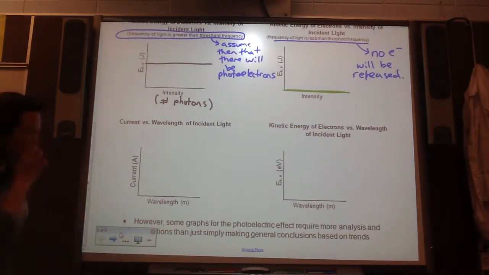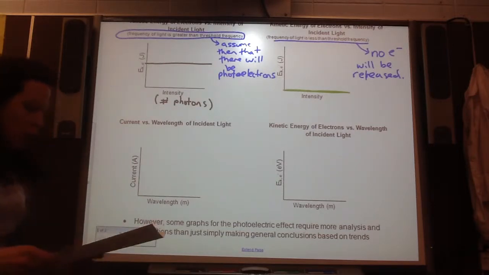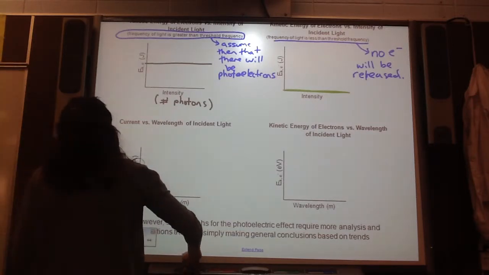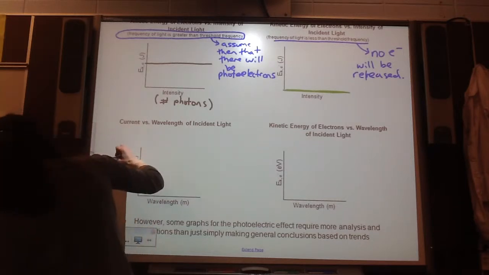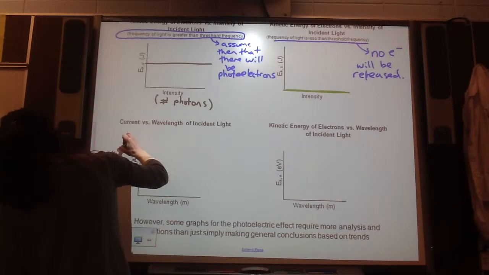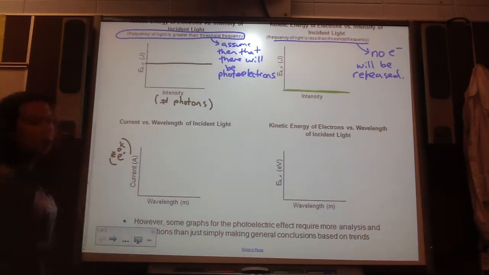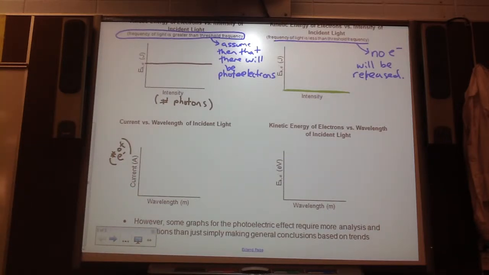So now let's think about this one. Current, think about current as number of electrons, because if we think about the current of a wire, that means how many electrons. So think about that as number of electrons. Now wavelength is another way of talking about energy. With increased frequency, we had increased energy. What happens with wavelength?